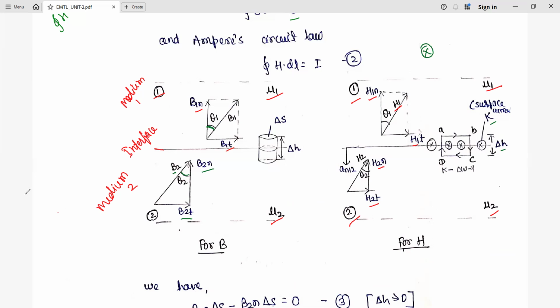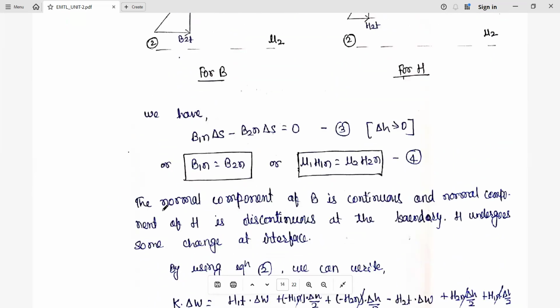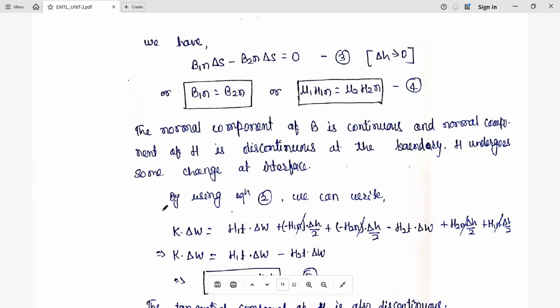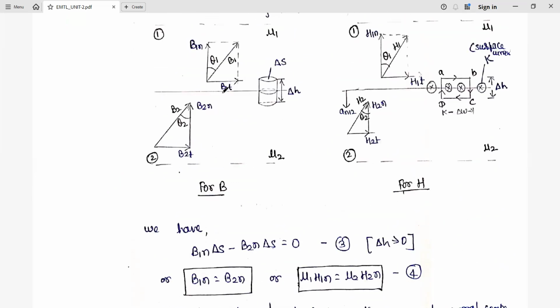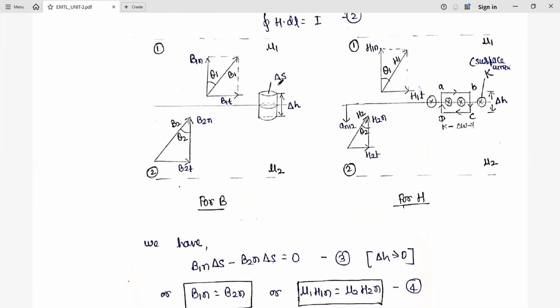For understanding purposes, this is the situation here in this portion, where the differential surface is considered as del S. The direction of the normal is perpendicular to the surface area, and at the bottom it will again be perpendicular. So both are in opposite directions.